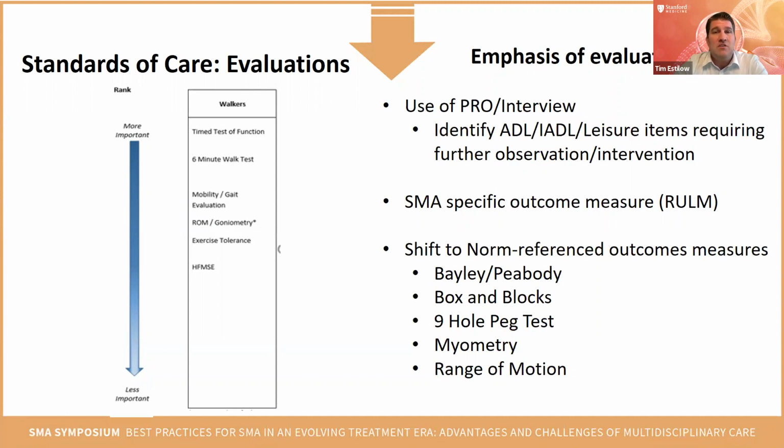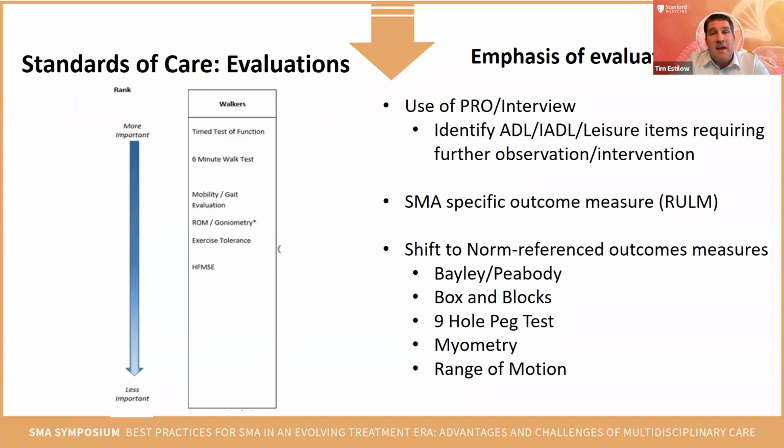Additionally, we want to continue to use SMA-specific outcome measures. So for the upper limb, that's the RULM. We'll talk about some of the strengths and some of the challenges with this population with the RULM on the next slide. And now, in this treatment era, there's really a shift towards norm-referenced outcome measures.